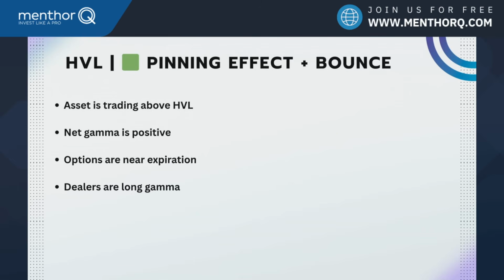We're going to talk about pin risk. We always talk about it, especially when we are near expiration. So in these scenarios, traders can expect the market to chop, and we can see maybe short-term reversals, but the HVL really acts as a magnet.